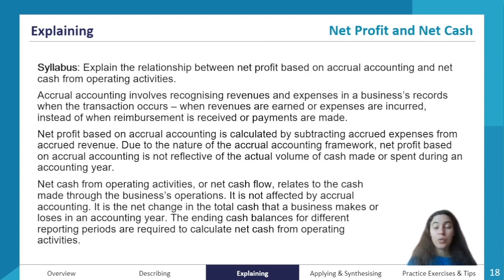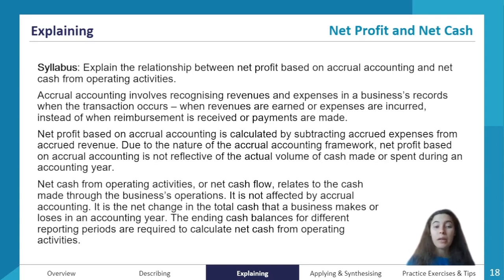The relationship between net profit based on accrual accounting and net cash from operating activities. So accrual accounting, as I mentioned earlier, involves recognizing revenues and expenses in the business's records when the transaction occurs. So when revenues are earned or expenses are incurred, instead of when you're actually reimbursed or when you actually pay for the product or service that you got.